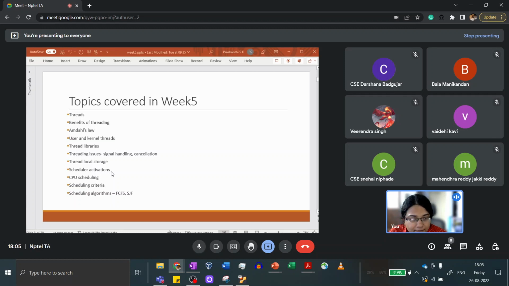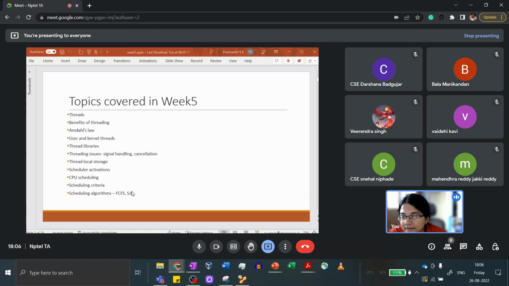We looked at various criteria for scheduling algorithms, and a few algorithms: FCFS, first come first serve, and shortest job first. All of the questions from your assignment will be based on these topics, and we will also focus on these topics through the questions covered today.